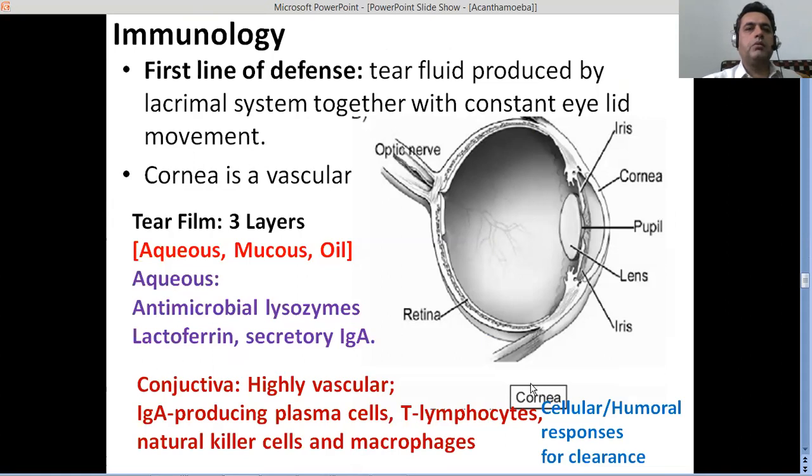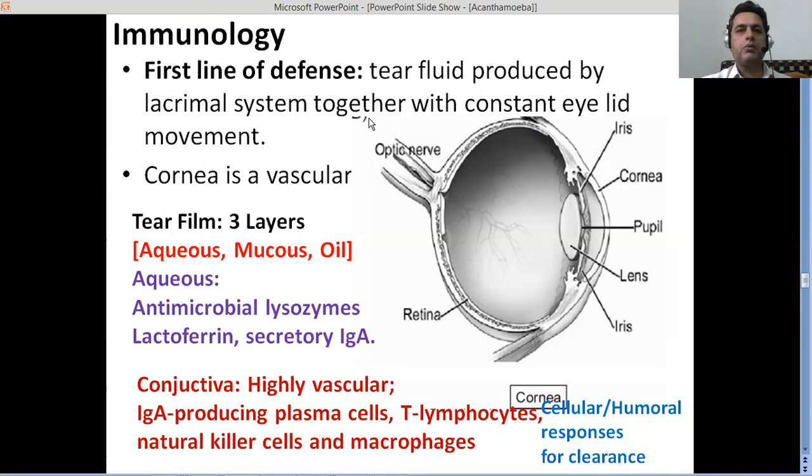If you look at the immunology, the first line of defense against this particular parasite is the tear fluid produced by the lacrimal system in your eye, together with the constant eyelid movement. The eyelid movement is a protective movement, and it's the first line of defense for your eye.